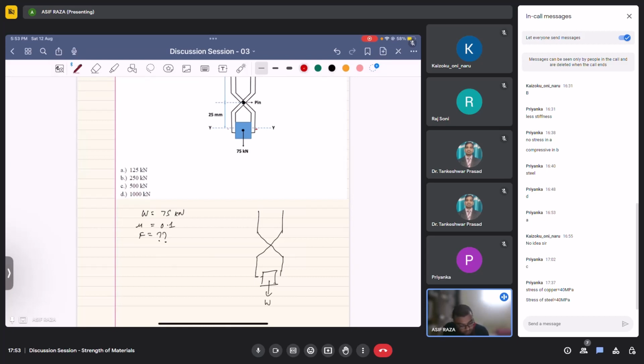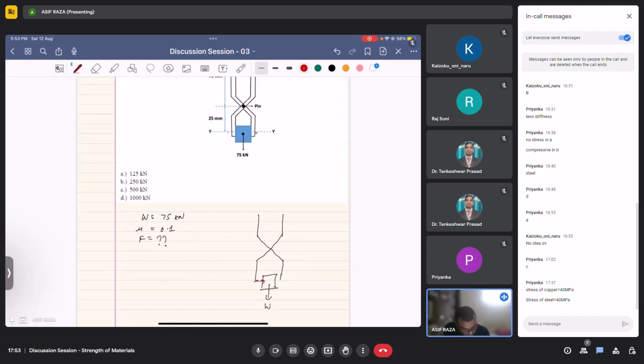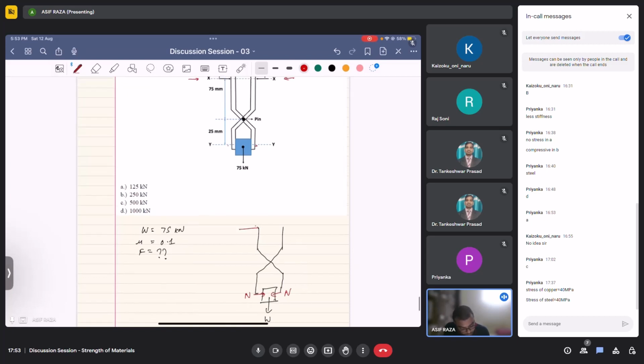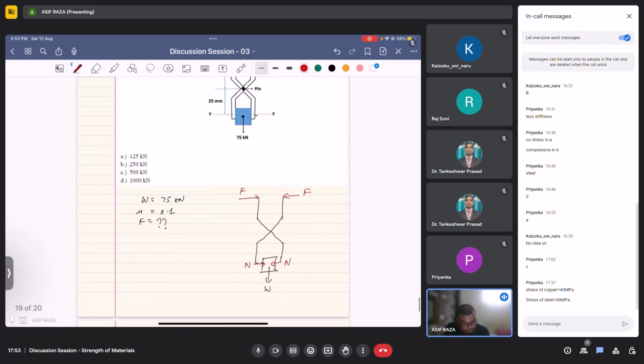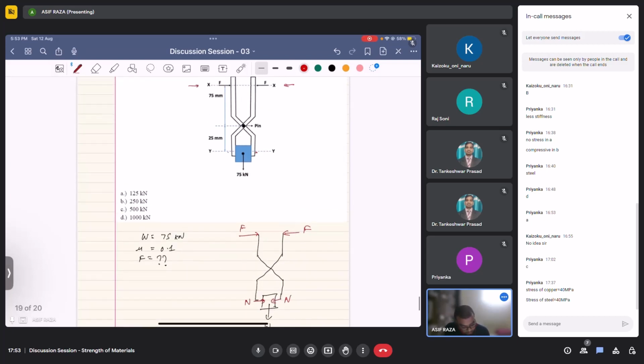Now what will happen is we'll get a normal here, and force F is applied here. We are given this as 25 mm and this one as 75 mm.